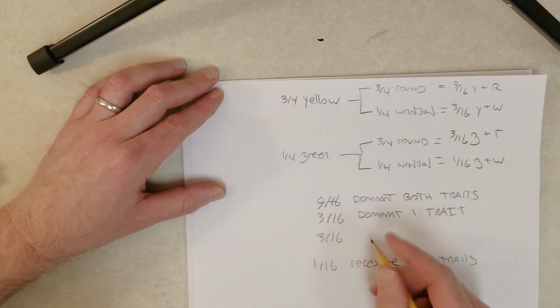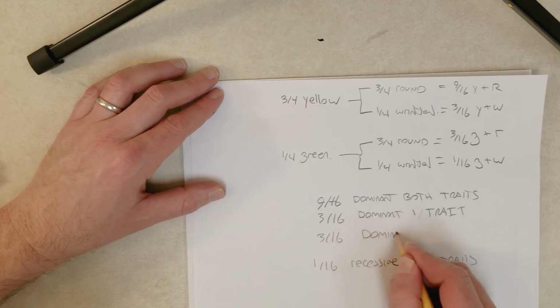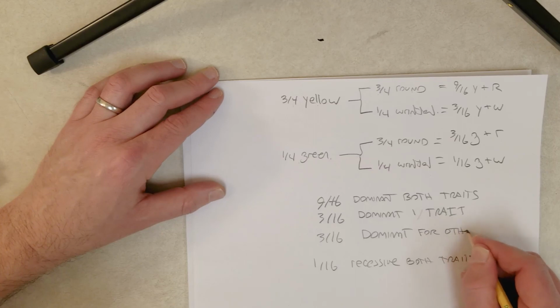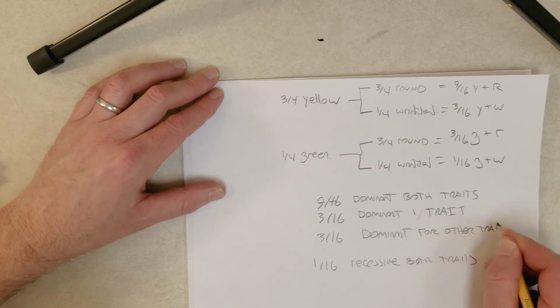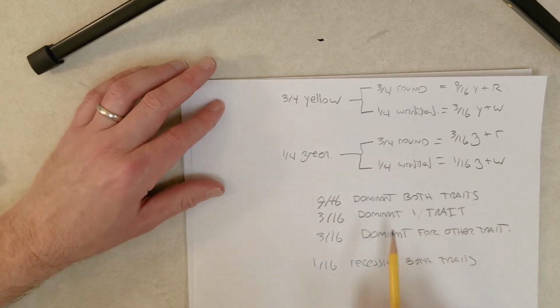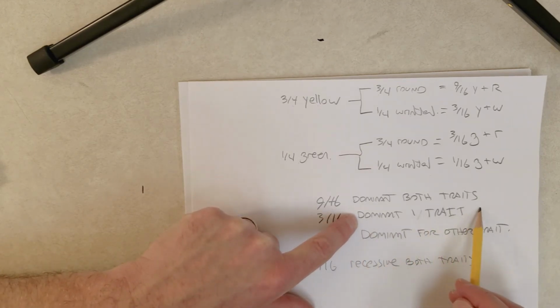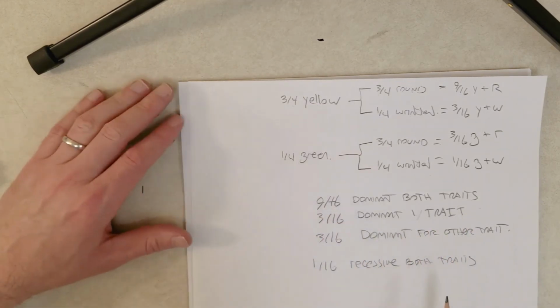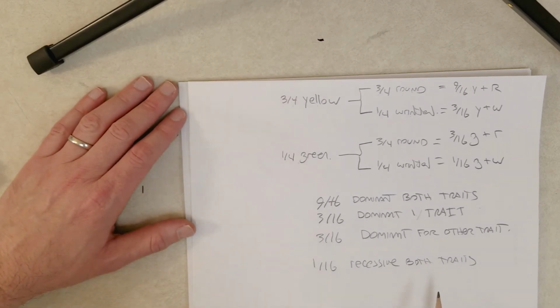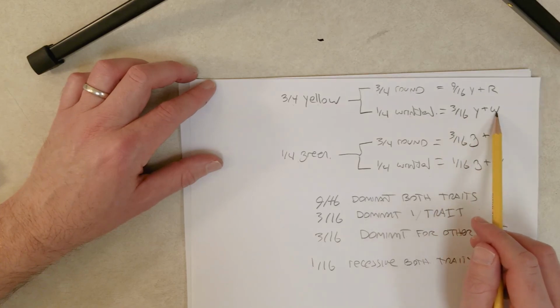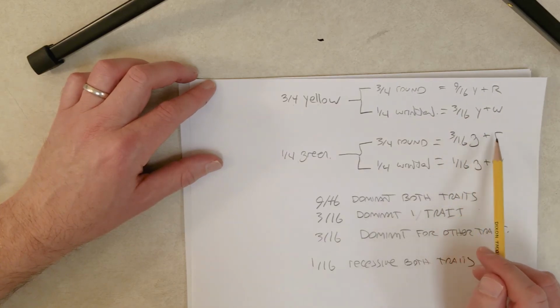Then the other 3 out of 16 dominant for the other trait. So right here, this 3 out of 16 is dominant for one trait. That means the other trait is recessive, and they just flip for the other 3 out of 16. We can see that here. 3 out of 16 yellow and wrinkled, 3 out of 16 green and round.